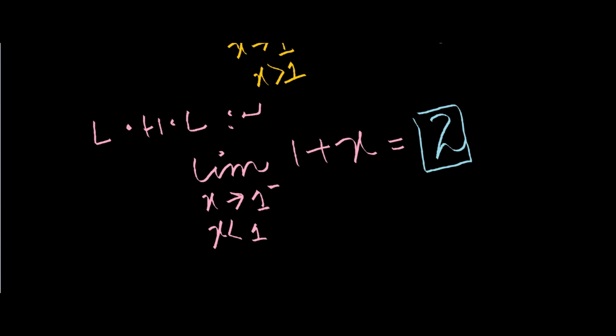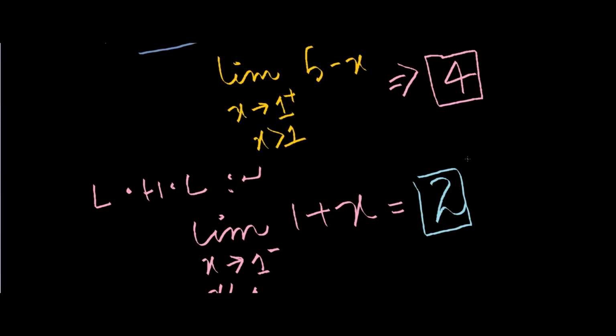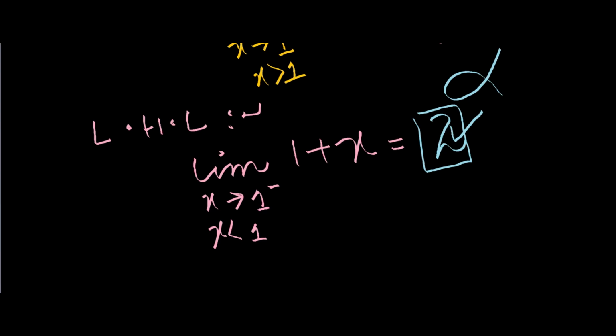So what does it mean? Does the limit exist or not? Not. You would say why, because both are real numbers. Let me tell you, when the left hand limit and the right hand limit are not equal, as in this case, it means that the limit does not exist.